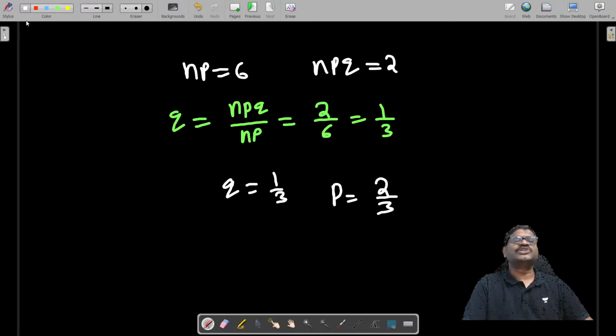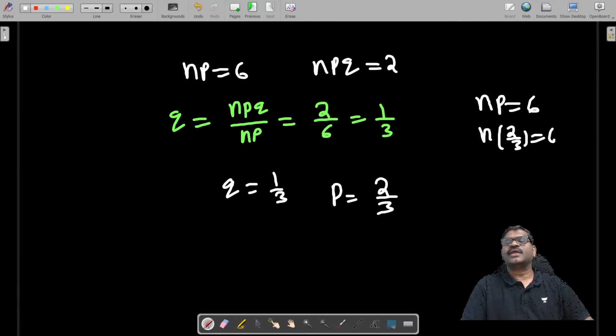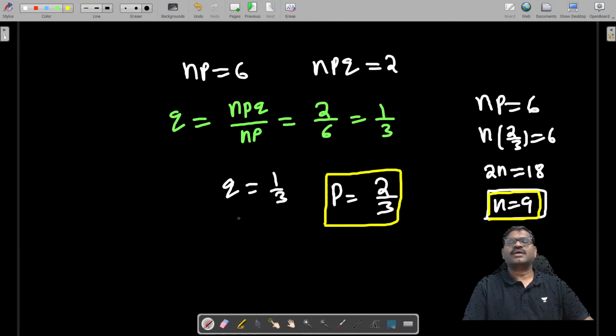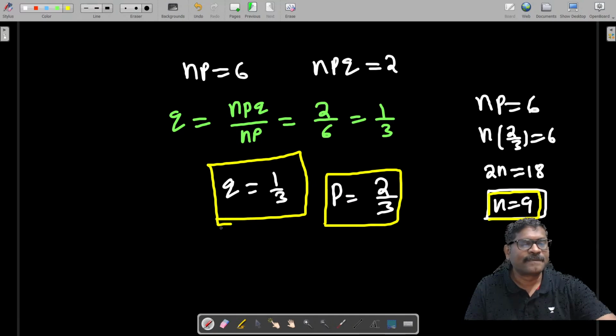See, NP equal to 6, so 2n equal to 18, n equal to 9. The value of n is 9, P is 2 by 3 and Q is 1 by 3.